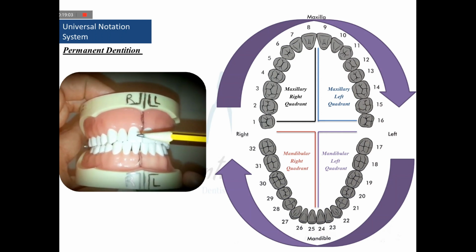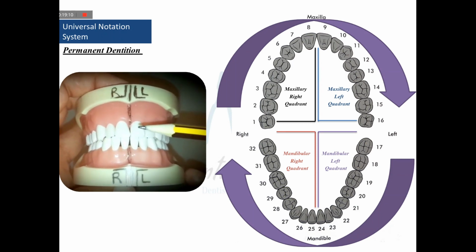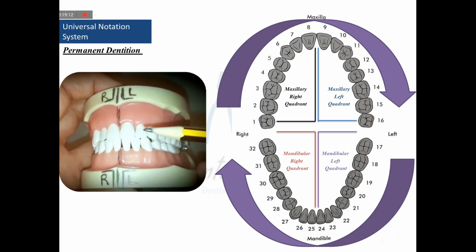Now we continue to count towards the left hand side and we mark the central incisor of the left hand side as tooth number 9, 10 for the lateral incisor.